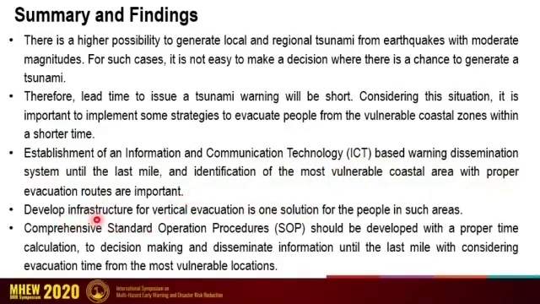Developing infrastructure for vertical evacuation is one solution for people in such areas. A comprehensive standard operating procedure should be developed with proper time calculation for decision making and dissemination of information until the last mile, considering evacuation time from the most vulnerable locations.